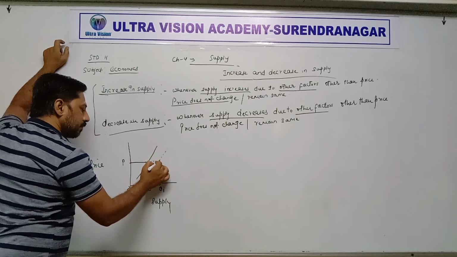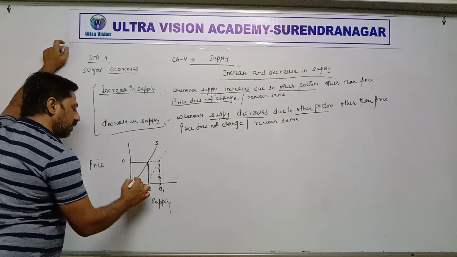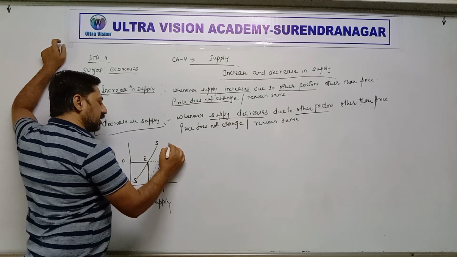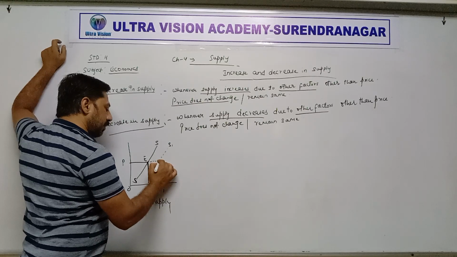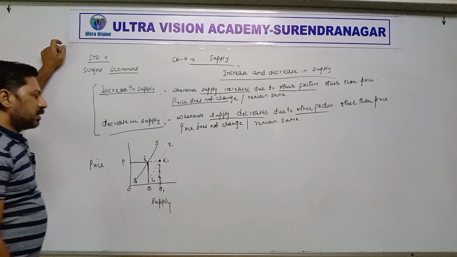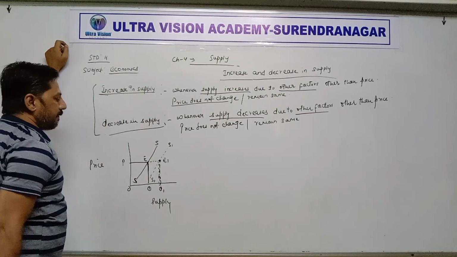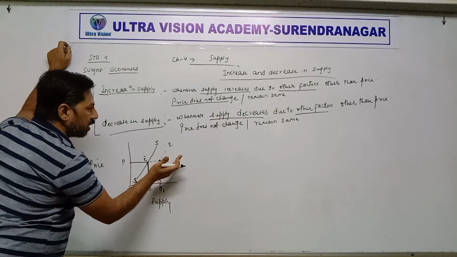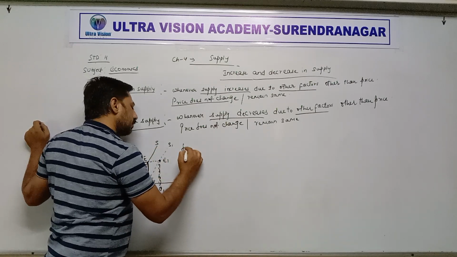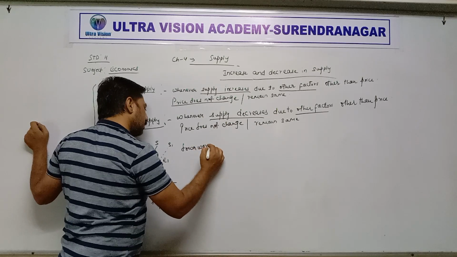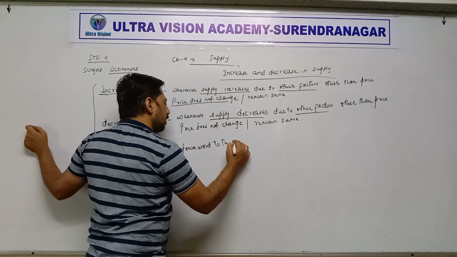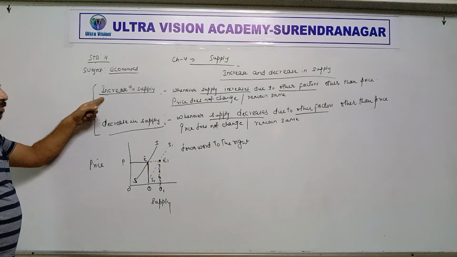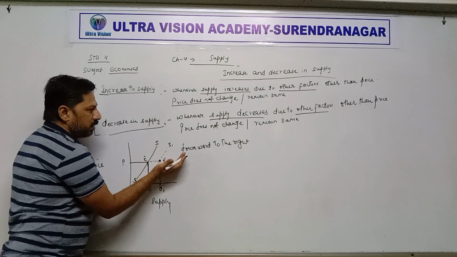Now the new curve is like this. Earlier supply curve S, equilibrium point E. Now new supply curve is S1 and new equilibrium point E1. So in case of increase in supply, the whole supply curve shifts downward to the right.